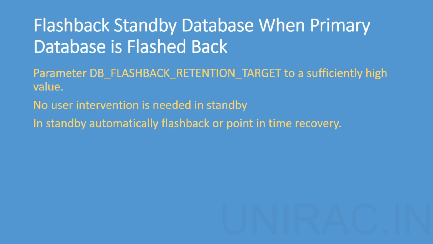The retention value needs to be set to a sufficiently high value so that the standby can perform these operations. So this flashback helps in standby automatically from 19C. Let's move on to the next feature.